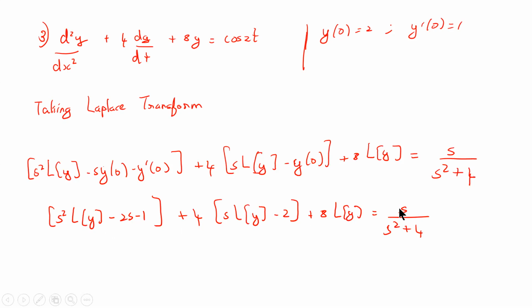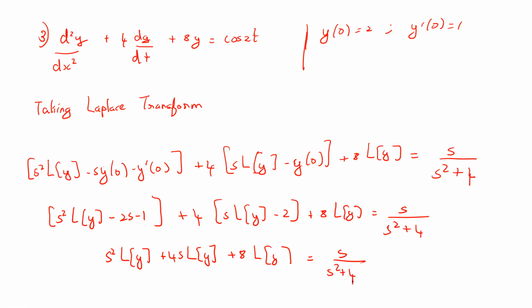So I'll collect all the terms that have L of y to the left hand side and all the s terms to the right hand side. Therefore I'll have s square L of y plus 4s L of y plus 8 L of y is equal to s by s square plus 4 plus 2s plus 9.